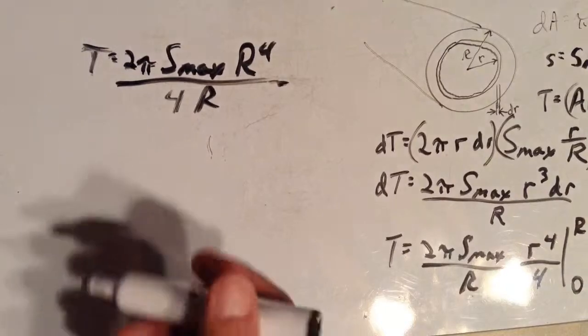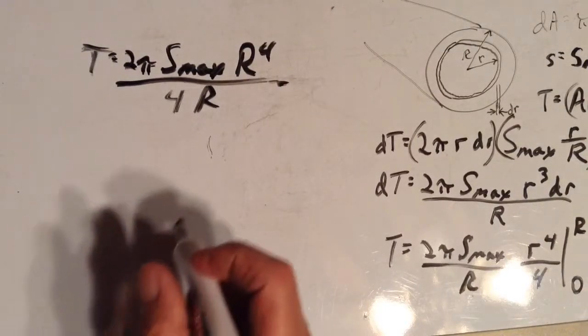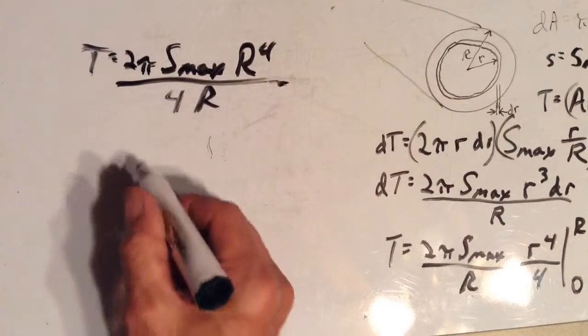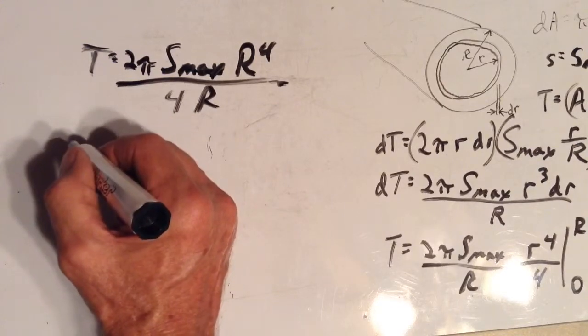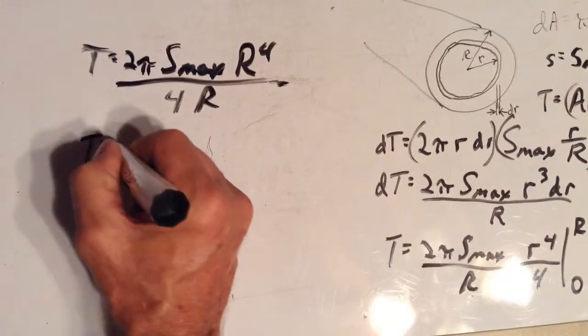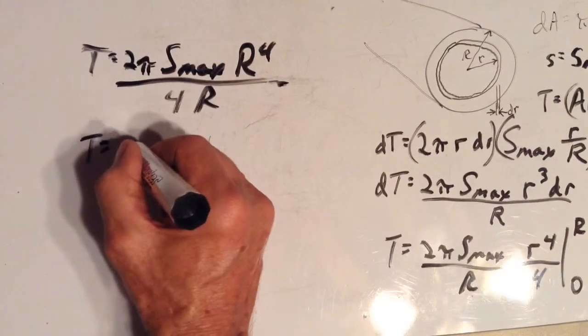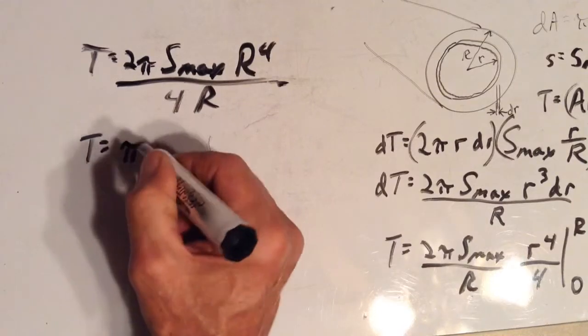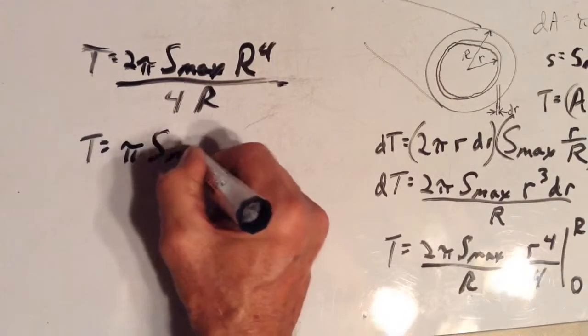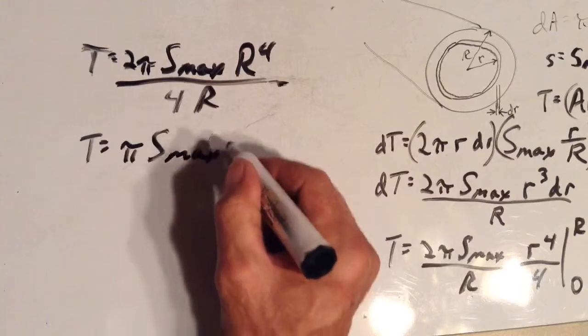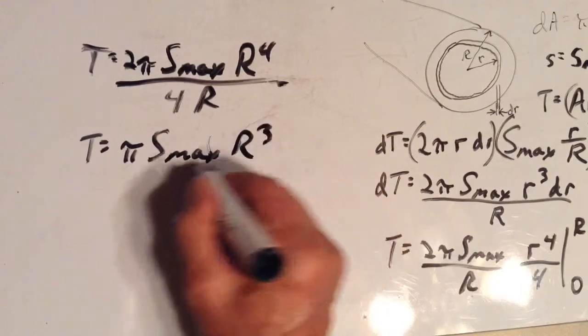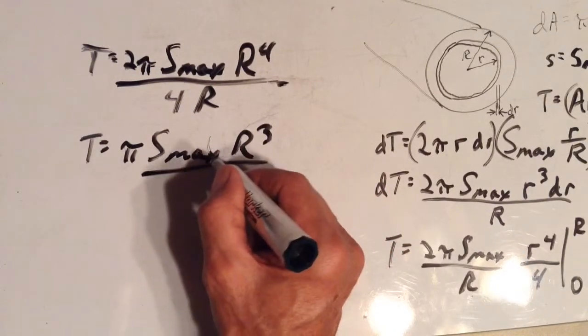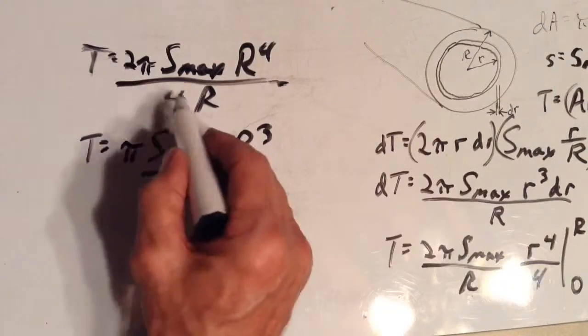We can go ahead and throw that away now. Okay, and R to the 4th over R is R cubed, so torque equals pi times S max times R cubed over 2, because 2 over 4 is 1 half.